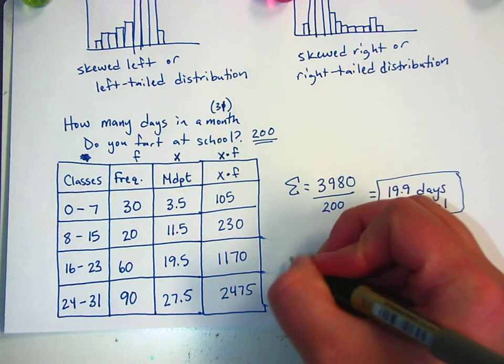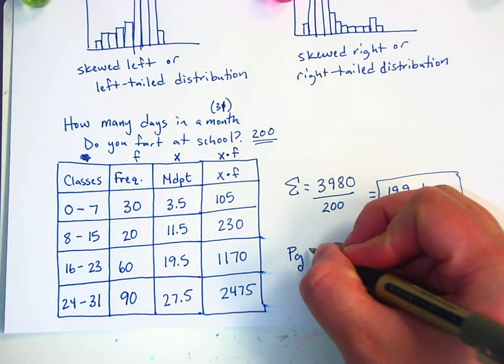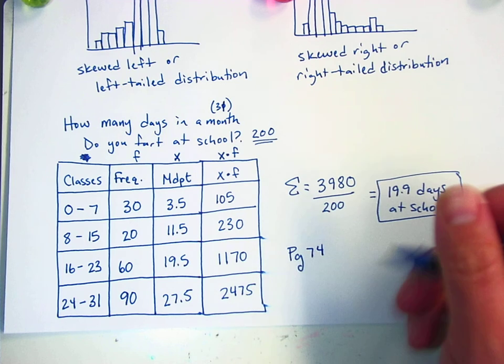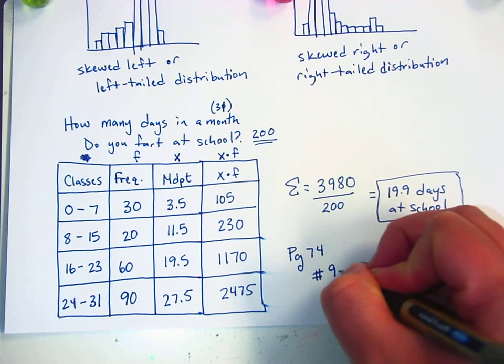Anyway, so the last thing I'm adding to your homework assignment, and this will be due tomorrow, is page 70, where did we start, 75? Yeah. Okay, so this is going back to page 74, but you know, it's all the same assignment, so you can just add to it. 9 through 16.